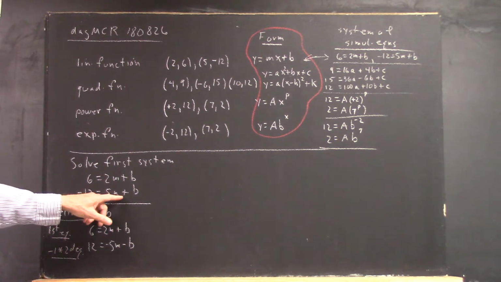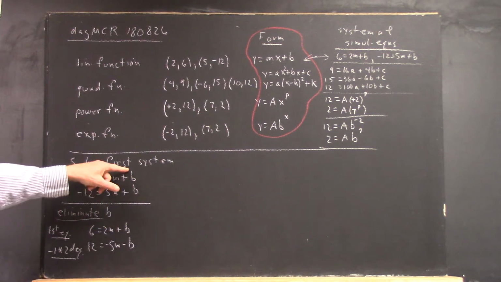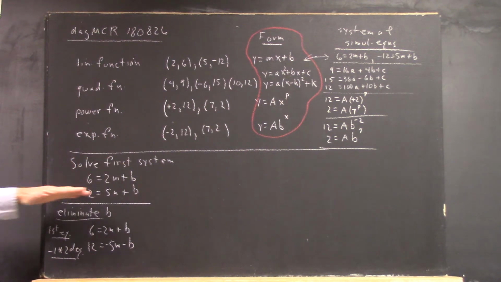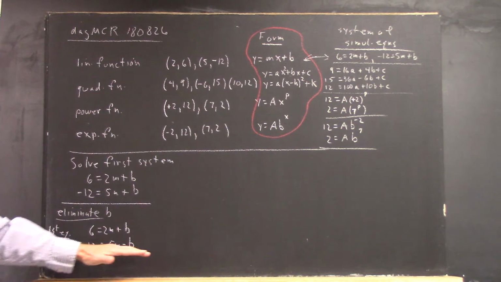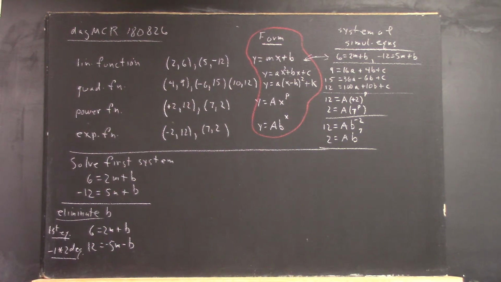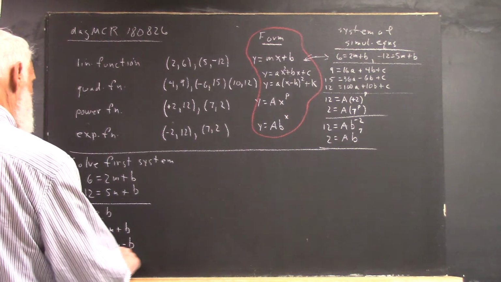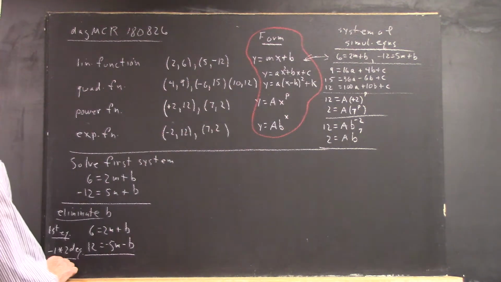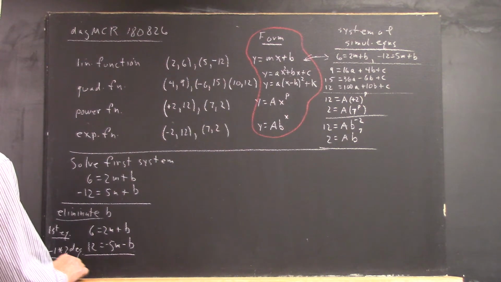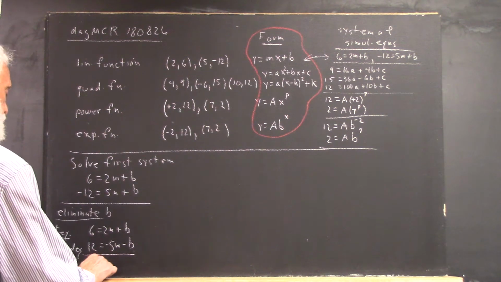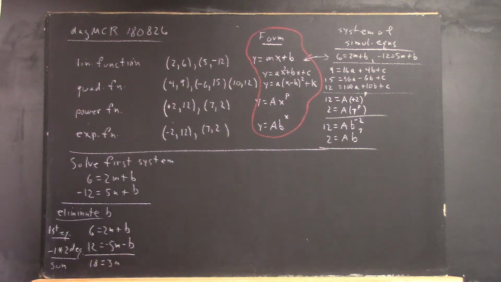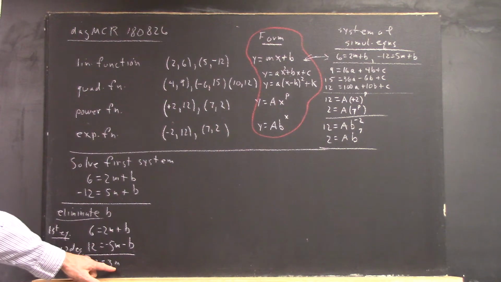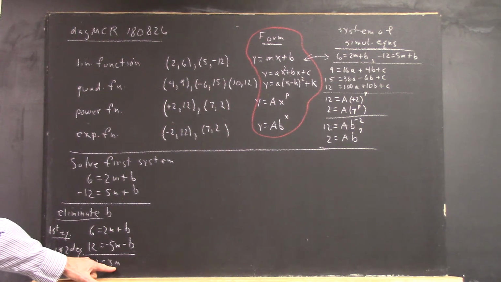Well, if I want to make this equal and opposite to this, I just multiply the whole equation by -1, which gives me a completely equivalent equation, and then I can add. The sum is then 18 equals 3m. And that's an equation that we can solve to find the value of m.